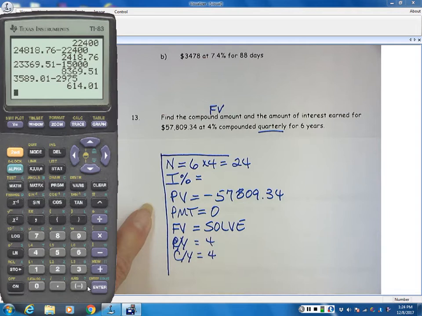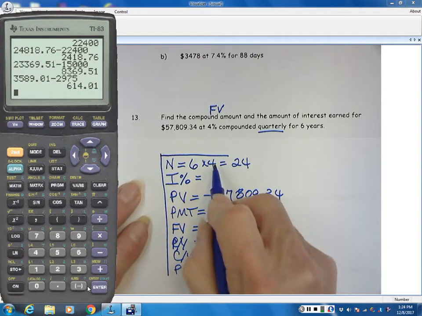And P/Y and C/Y are both 4. And it doesn't matter about the payment because we're not making any payments.